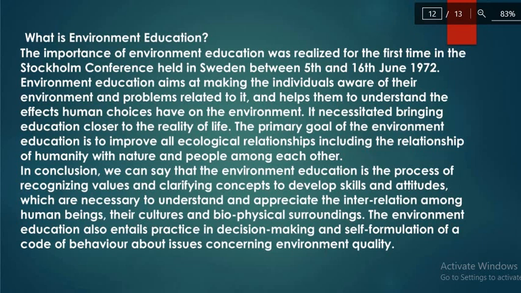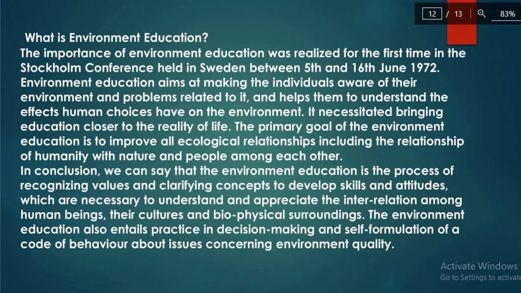Reality of life, especially to be healthy, we should make a healthy environment. That is reality based. It means to protect our life, we should protect our environment. The primary goal of environment education is to improve all ecological relationships, including the relationship of humanity with nature and people among each other.